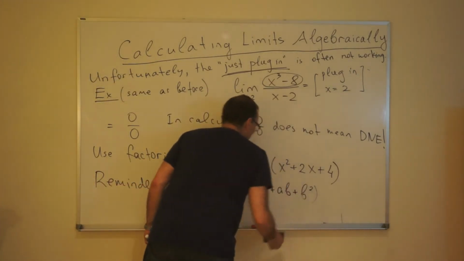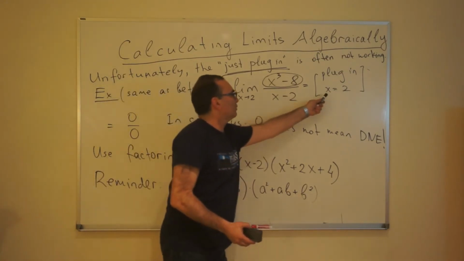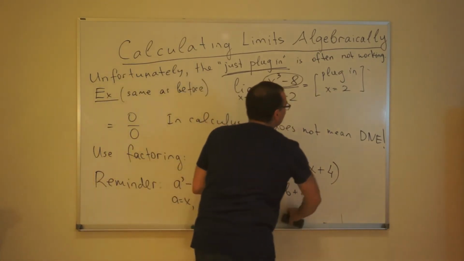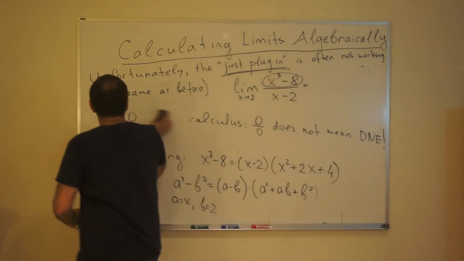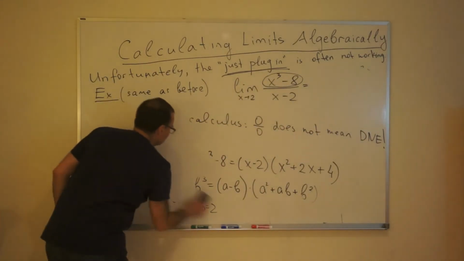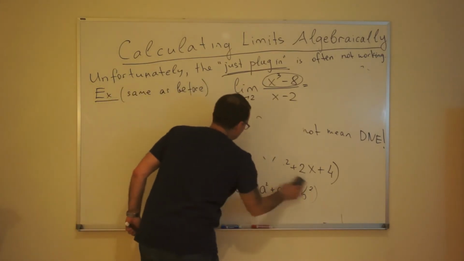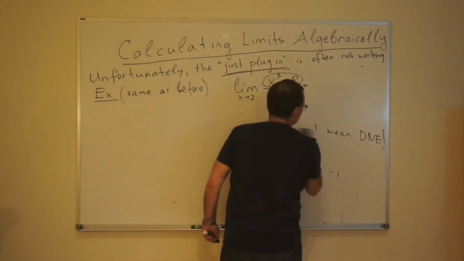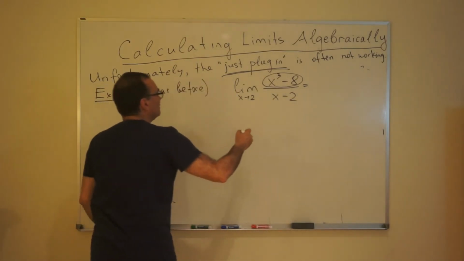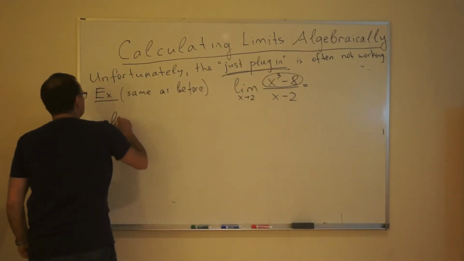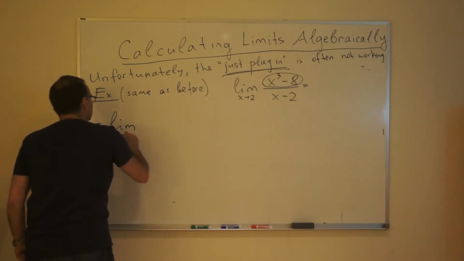Now I want to erase this because I want to actually calculate the limit. So once again, plugging in is no good, so I will erase this. And I want to put equals limit as x approaches 2.